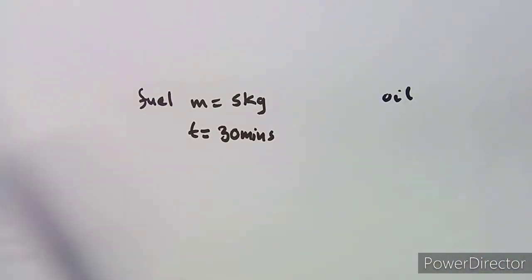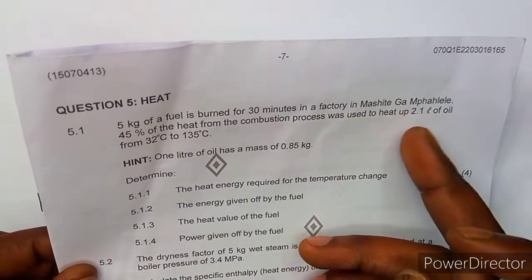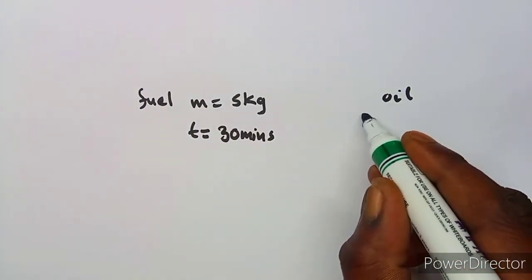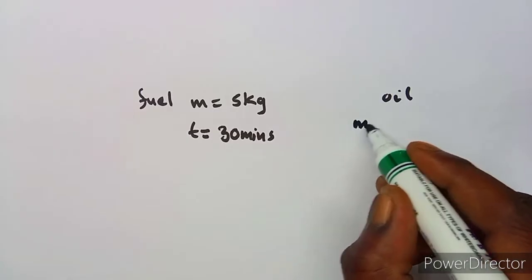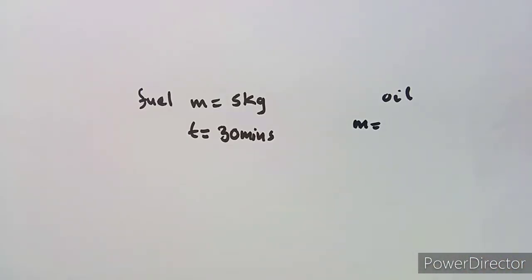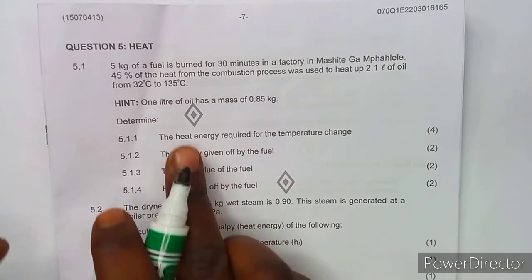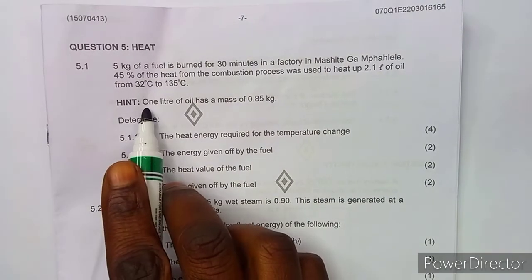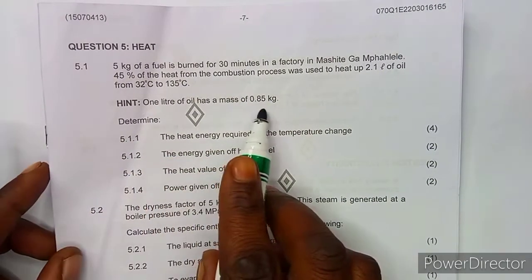For the oil that you are given, it is 2.1 liters. So we are supposed to find the mass from this. Okay, so how are we going to find the mass? We are given that 1 liter of oil is a mass of 0.85 kgs, from this part here. 1 liter is a mass of 0.85 kgs.